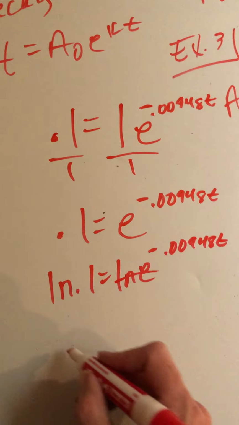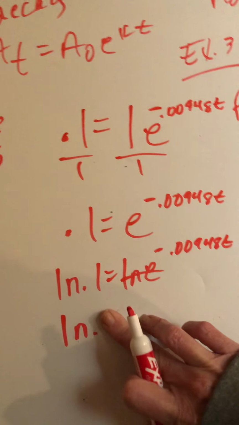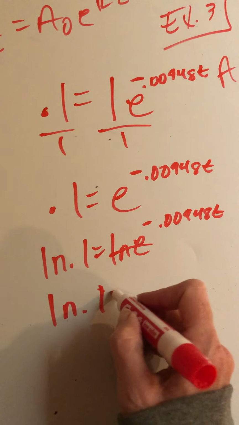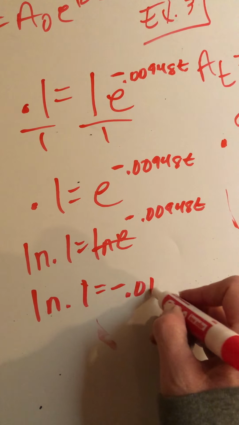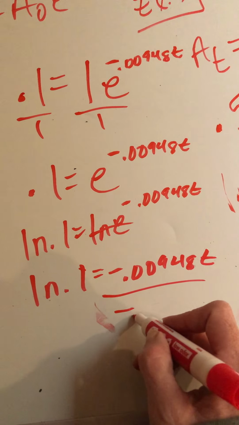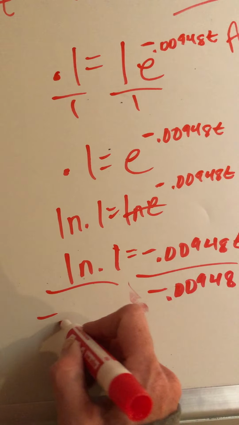So then ln e cancels, so you get natural log of 0.1 equals negative 0.00948t. And then negative 0.00948, you divide.